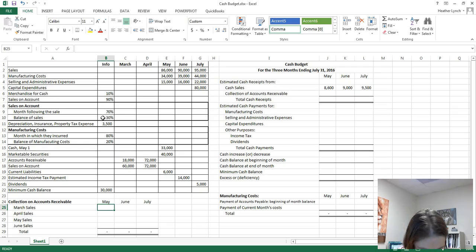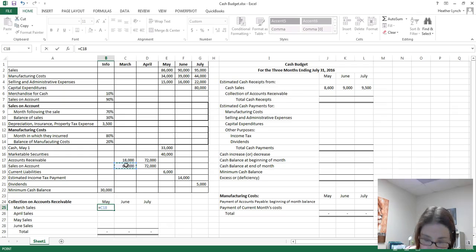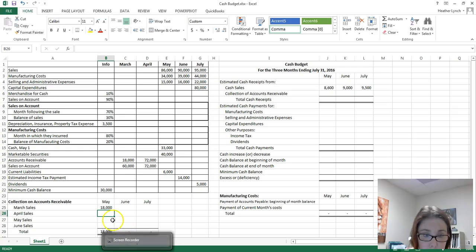So we need to know the sales on account. March is 60,000, and April is 72,000. So in May, out of that 60,000, we have a balance of 30% that we're planning to collect, and that was the open balance of it.